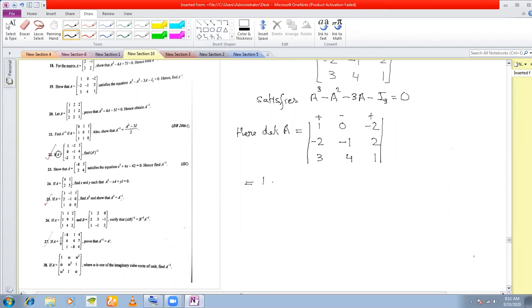This is 1 and the minor of 1 is... and this is plus of minus 2 times minor of minus 2. The one with 0, that minor vanishes. That is why I'm not writing that.